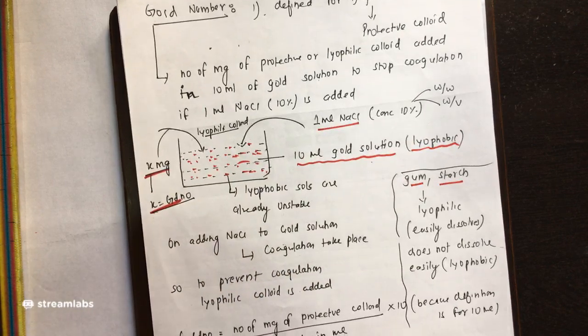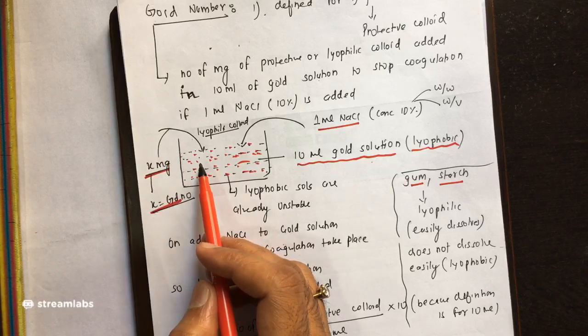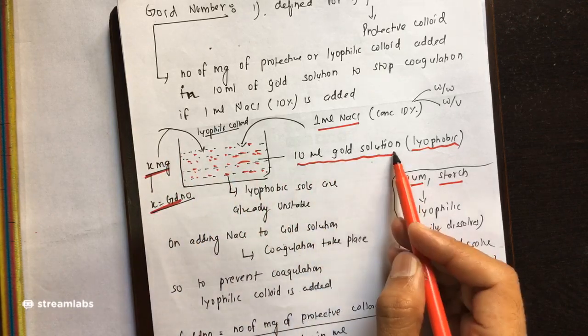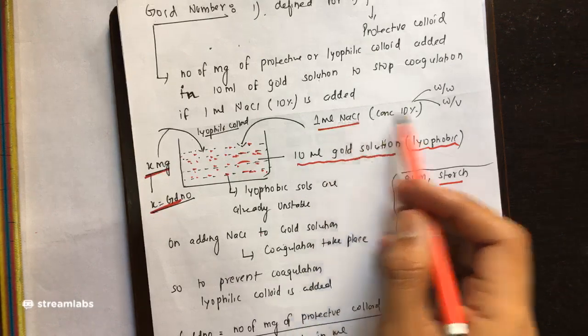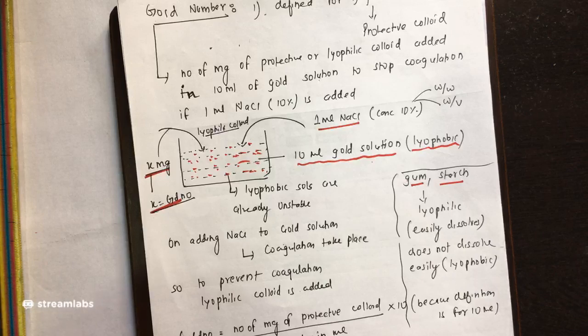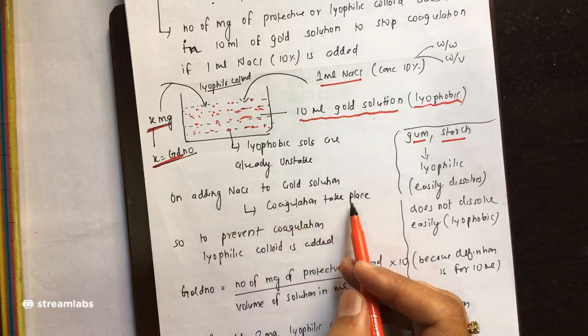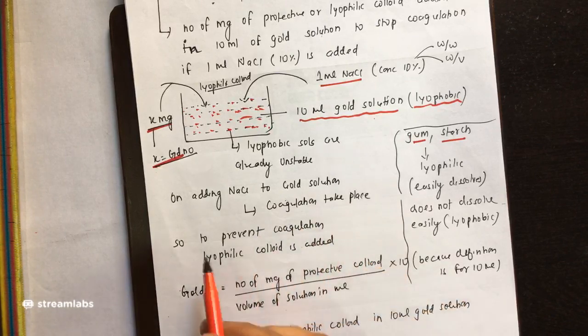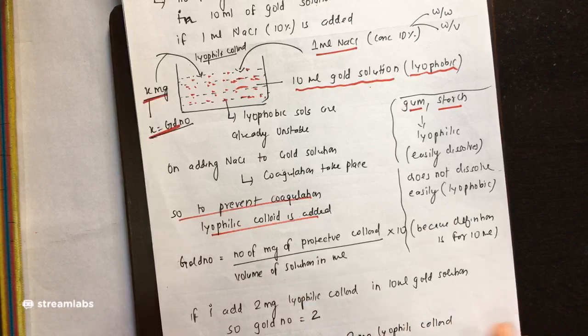You are adding X milligram. So X milligram of lyophilic colloid is added to prevent the coagulation from this 1 milliliter 10% NaCl solution. On adding NaCl to gold solution, coagulation takes place. That is what I am telling you. So to prevent coagulation, lyophilic colloid is added. How much are you adding?